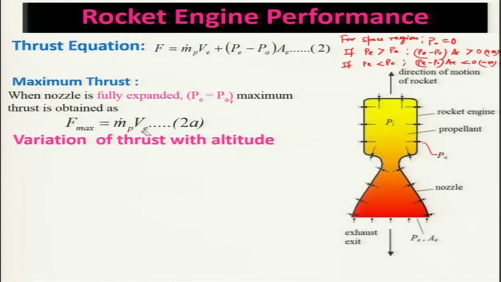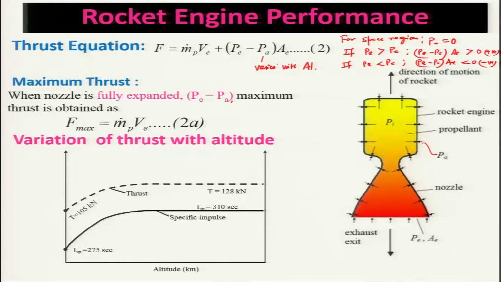So, how does the thrust vary with altitude? As I told, P A varies with altitude. So, as P A is varying, for the same area ratio of the nozzle and the same range of pressure, let us say P E remains constant, which is not true, but still there will be a change in the thrust expression.